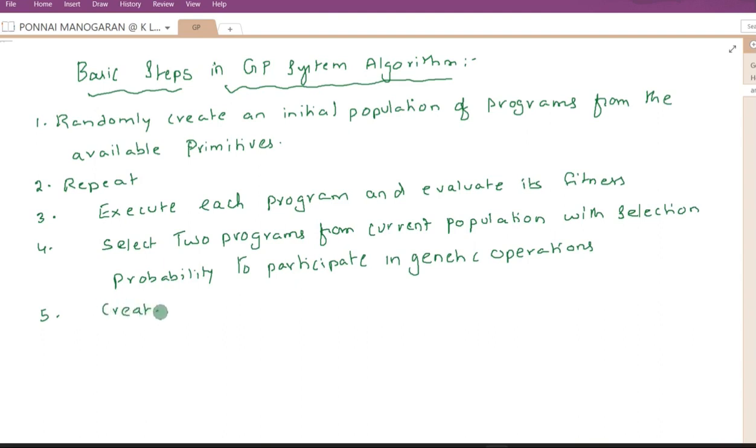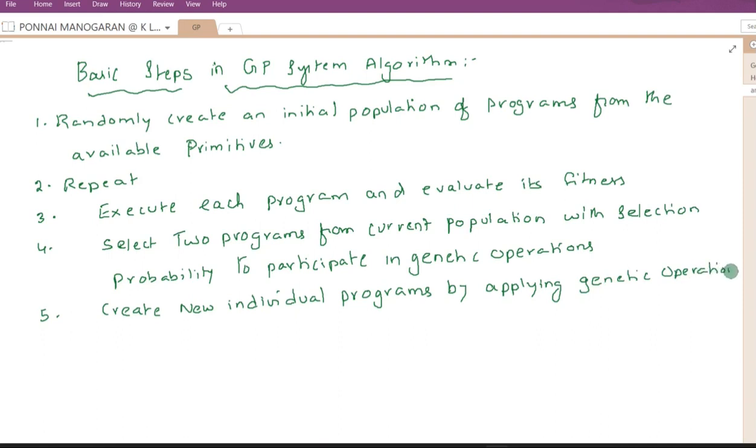So the fifth step is, you need to create a new population, new individual programs, by applying genetic operations with specified probabilities.